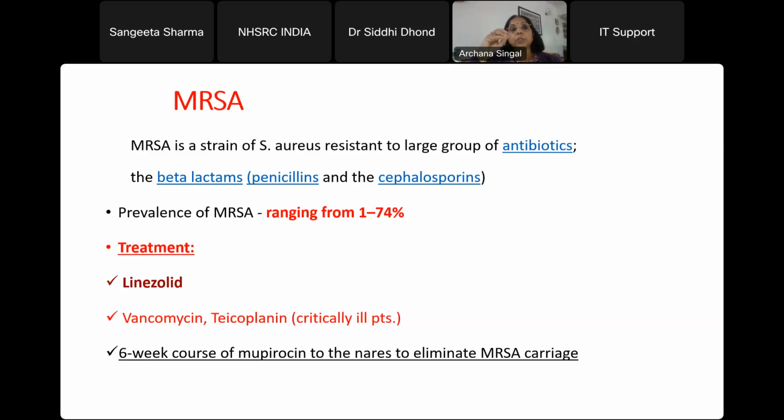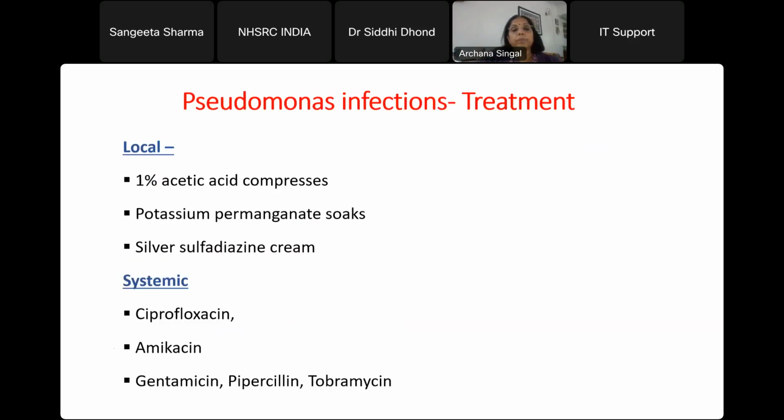The patient has to wash his hands before and after applying the cream, and it should not be crossover, because sometimes there is involvement of one side, and if you cross it over, then it will be both. I also advise the patient to do perianal application of antibiotic, because people say nasal carriage, but we have seen in one of our studies that perianal carriage is also very important. Next, please.